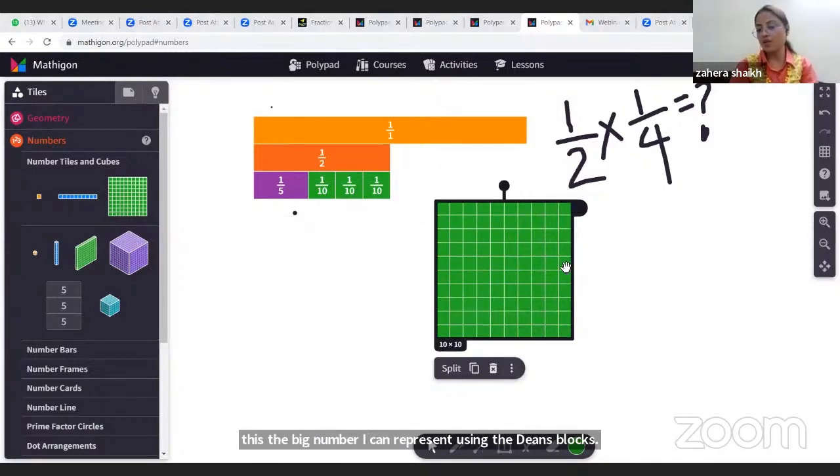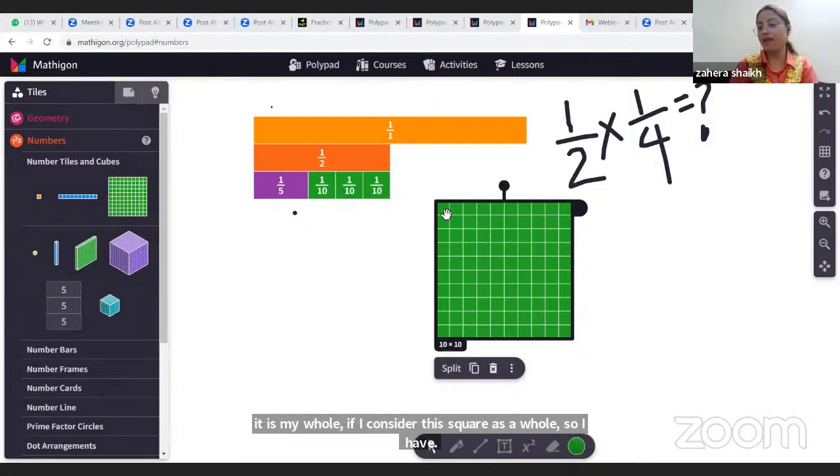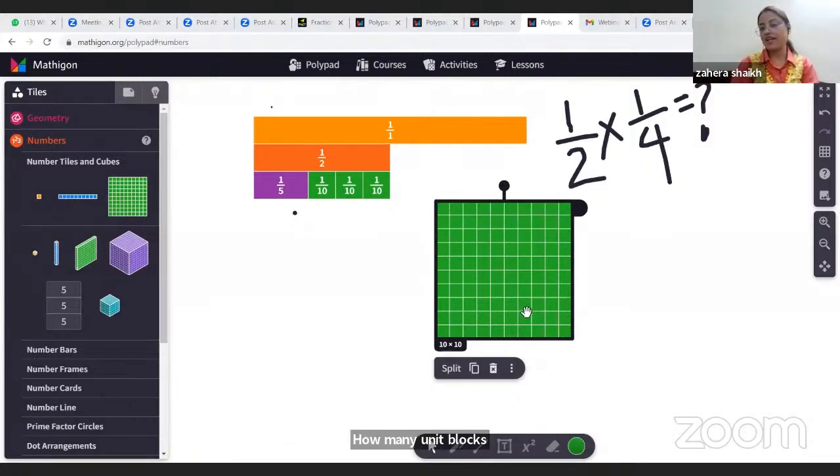If I consider this square as a whole, I have 100 unit blocks, right? So 1 unit block is nothing but 1/100 for me. If I break these 100 blocks into tens, this one rod is nothing but 1/10 for me.